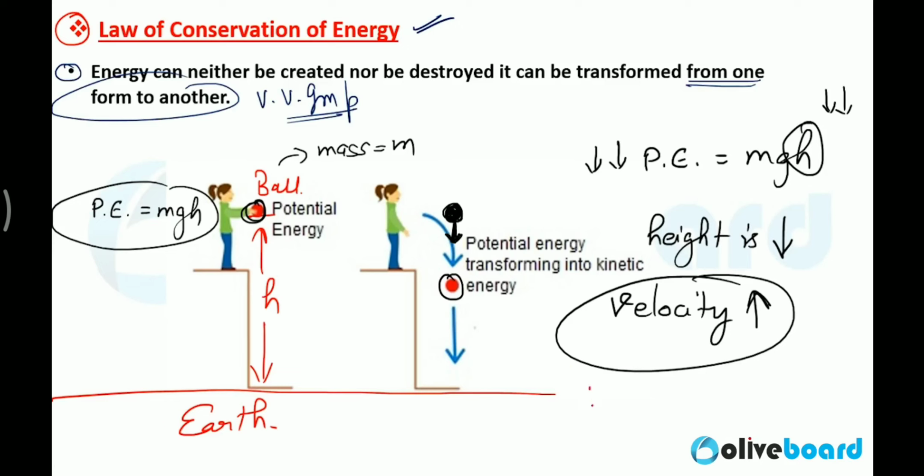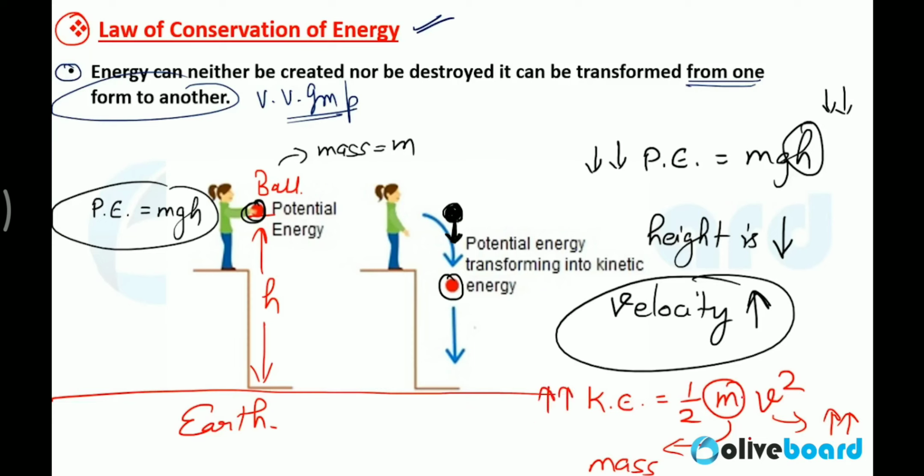So we know that kinetic energy is half mv square. Here m is the mass of the ball, which is constant, but its velocity is continuously increasing. So kinetic energy is increasing because kinetic energy and velocity are directly related here.